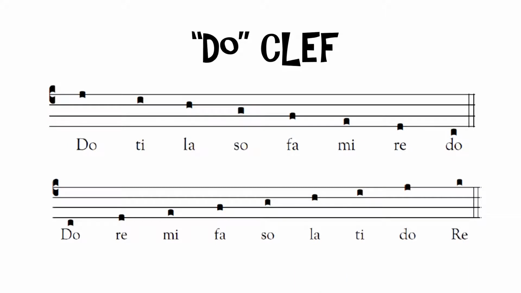Let's take a look at the notes to give you a better idea of how the do clef works. This is a do clef, remember, and the clef and the do are the same. So all the notes that are on this line are do. So this is how it goes. Do, ti, la, sol, fa, mi, re, do.